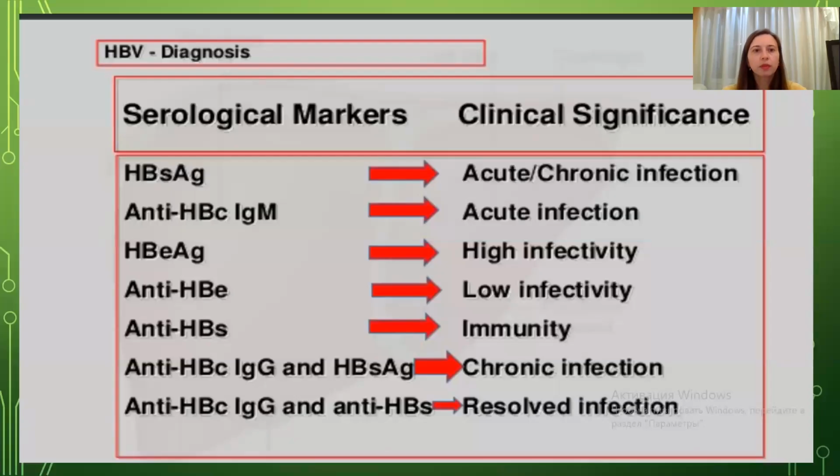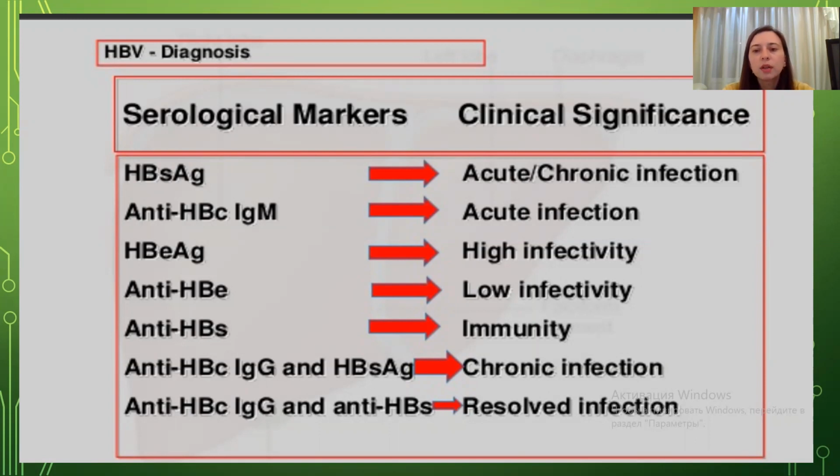So you may see serological markers and clinical significance. So, HBs antigen characterizes acute or chronic infection. Anti-HBc immunoglobulin G characterizes acute infection. HBe antigen characterizes high infectivity.